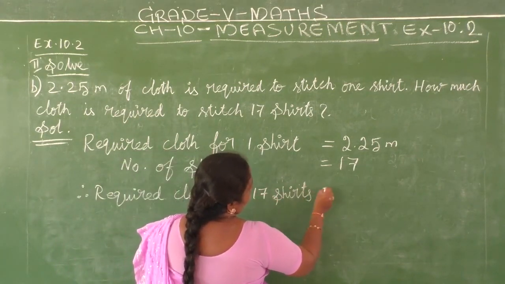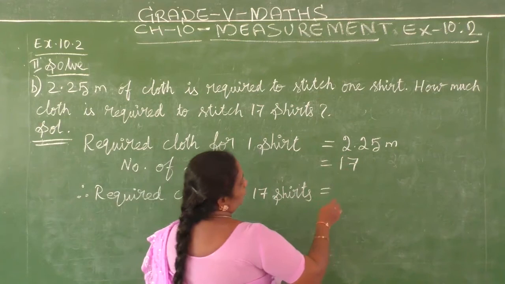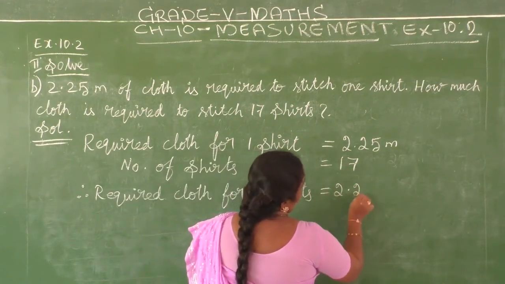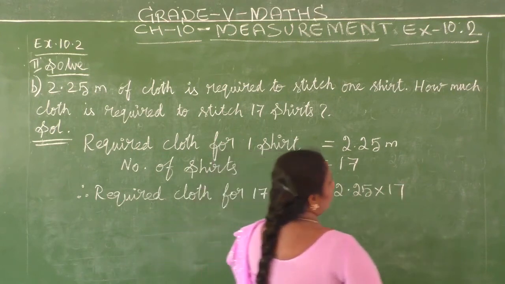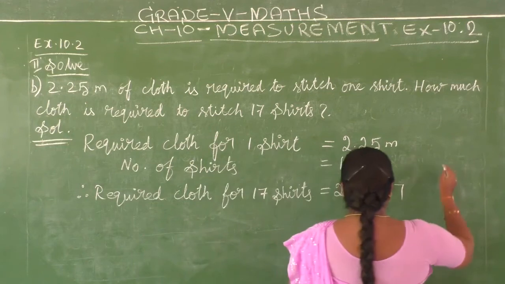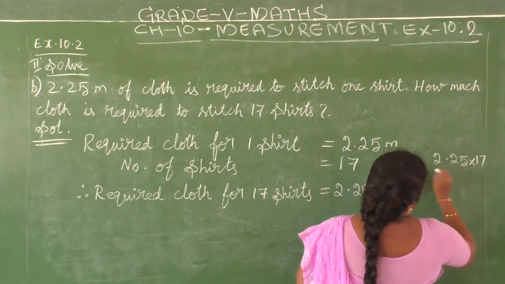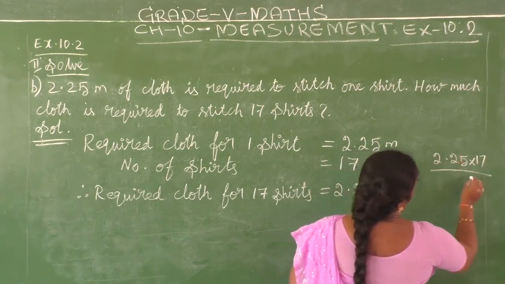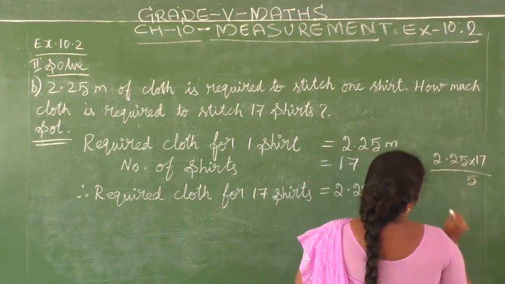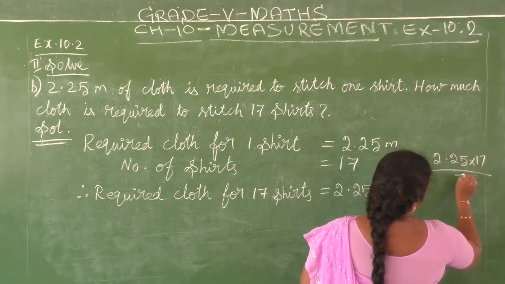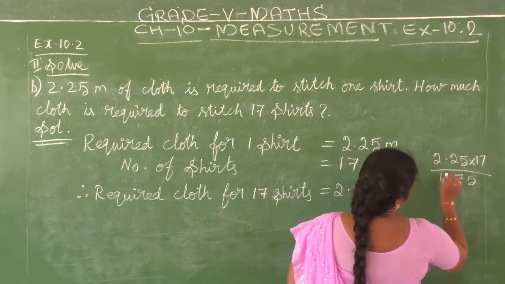So how can we find the answer? By multiplication. So 2.25 into 17. Double digit multiplication. You can work out the answer on the side also. So 2.25 into 17. 5 sevens are 35, 5 remaining 3. 2 sevens are 14, 14 plus 3, 17, 7 remaining 1. 2 sevens are again 14, 14 plus 1, 15.